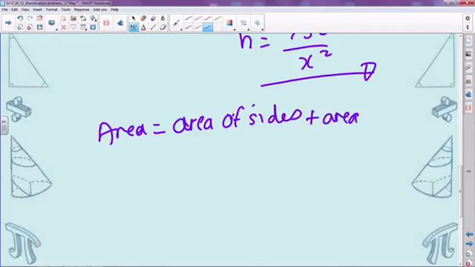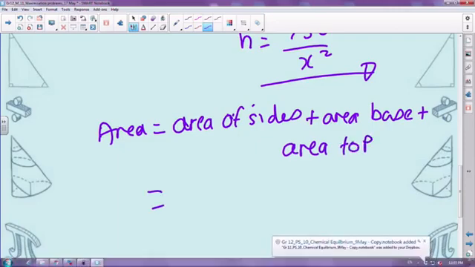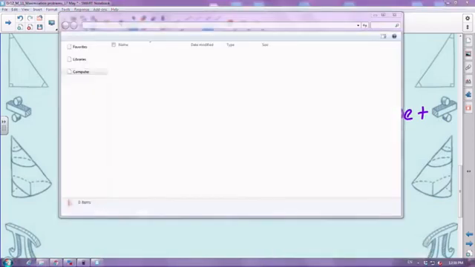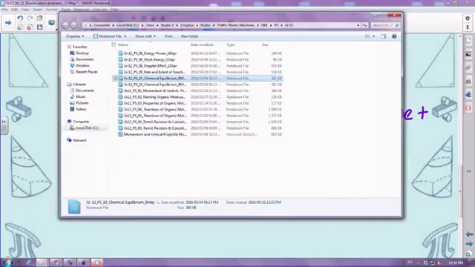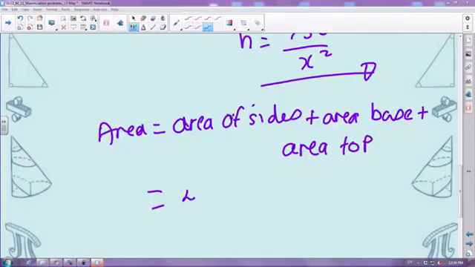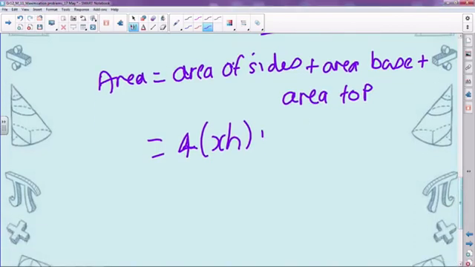And the reason we're separating this is because the material used on the base and the material used on the top are different. So the area of the sides, we saw that it was x times h, and there was 4 sets of those. So it's going to be area of the sides, 4 of them, and it's length times breadth, which was x, h. The area of the base, it was a square, so it's just going to be x squared.